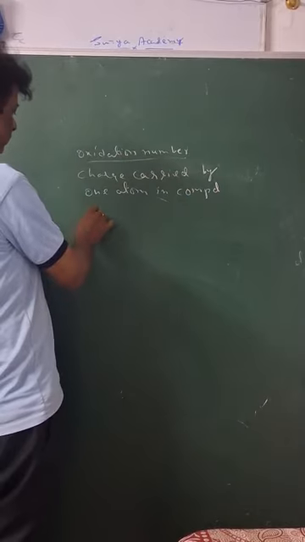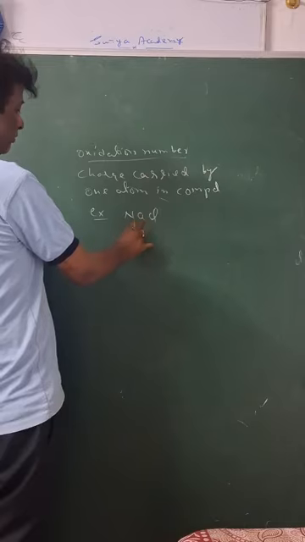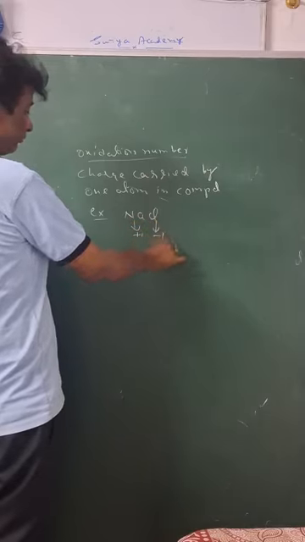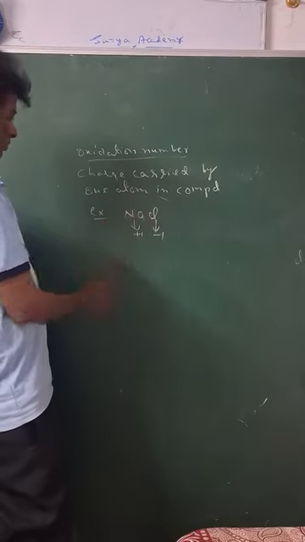For example, in NaCl, what is the oxidation number of sodium? Sodium is plus 1, chlorine is minus 1.